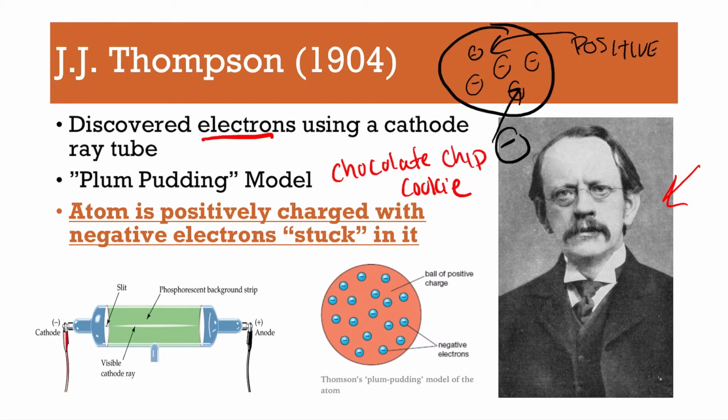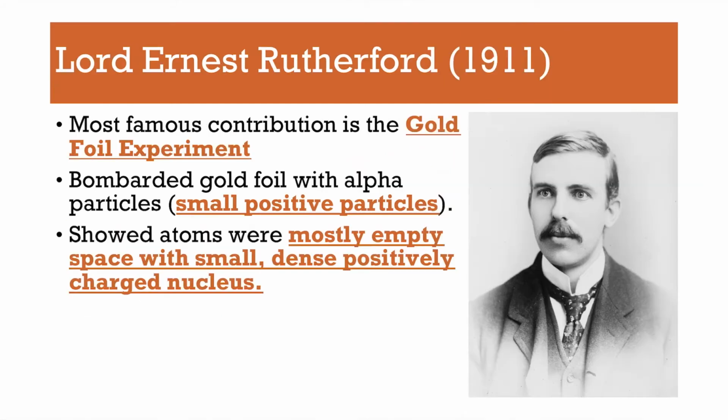And so that's what J.J. Thompson said. The atom is positively charged with these negative electrons stuck throughout it. So as you can see now, we have a positive part and we have a negative part. That's more than we had in the last model, but that's still not what we use today. So let's keep going.